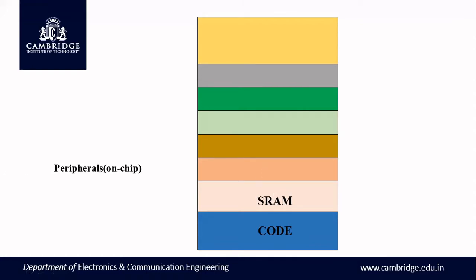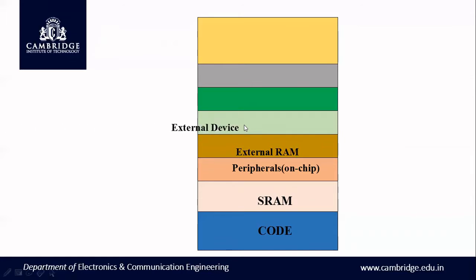This is followed by on-chip peripherals. In this region, you will have the data relevant to the on-chip peripherals stored. Next, you have the external RAM, which is used for storing code as well as data. After this, you have your external devices, that is nothing but peripheral devices which are external to the processor. So data relevant to the peripherals outside the processor is stored in this particular memory region.